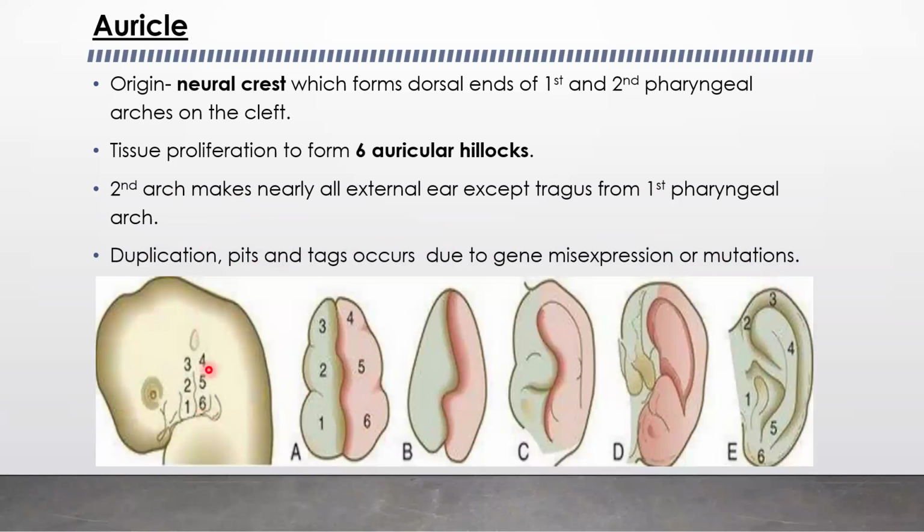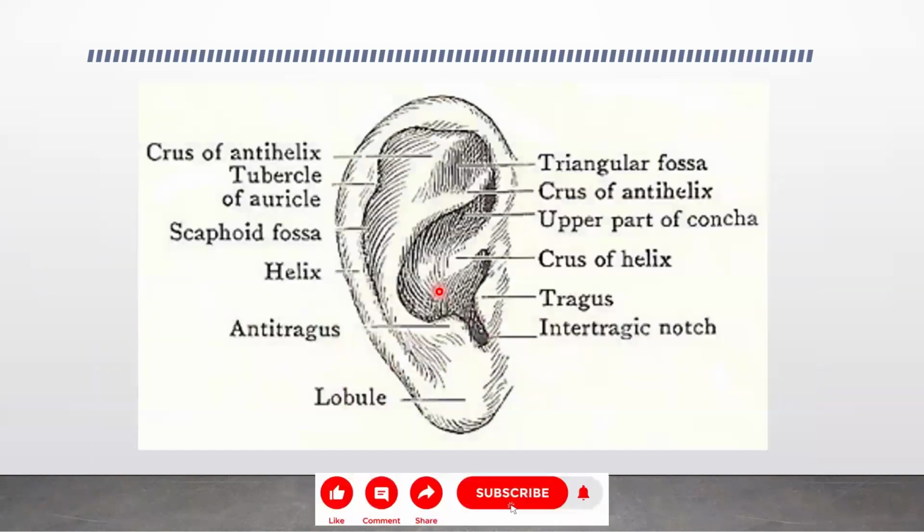You can see here you have the six auricular hillocks coming from the first and second pharyngeal arches. Before that there is tissue proliferation to give us the six auricular hillocks, but the second arch proliferates more to give us almost the entire external ear, except the tragus. You can have duplication, pits, and tags due to misexpression.